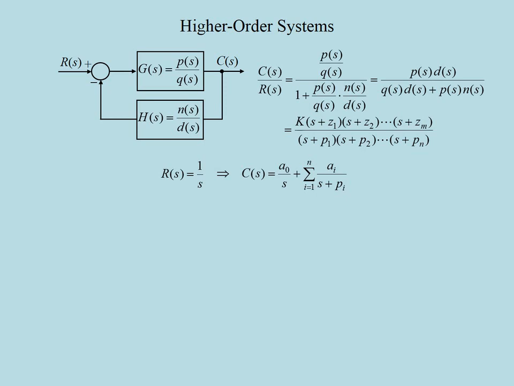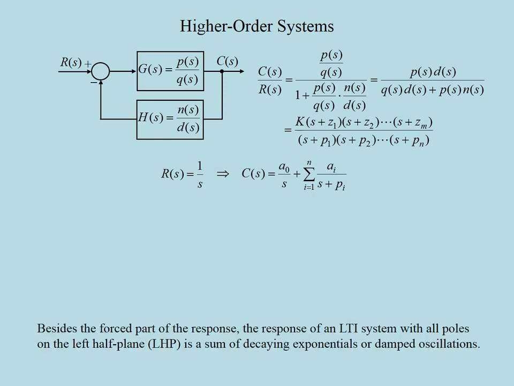In fact, this expression tells us that besides the forced part of the response, which is represented by the first term of C(s), that is A0 over s, the response of a linear time invariant system with all poles on the left half plane is a sum of decaying exponentials or damped oscillations. In other words, if all poles of the system have negative real parts, the natural response will approach zero.